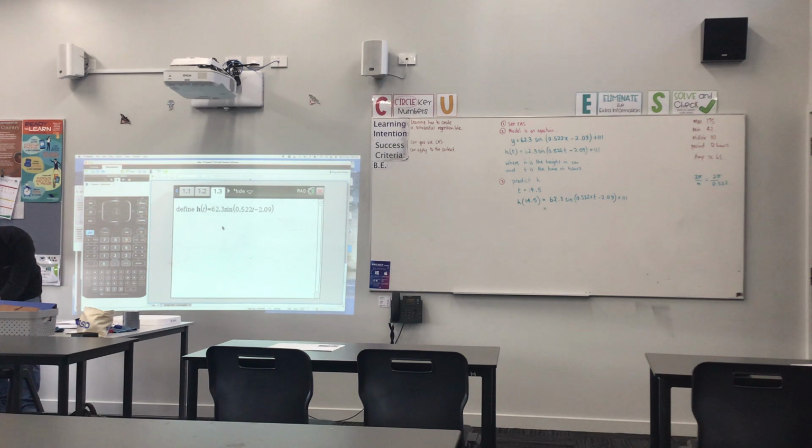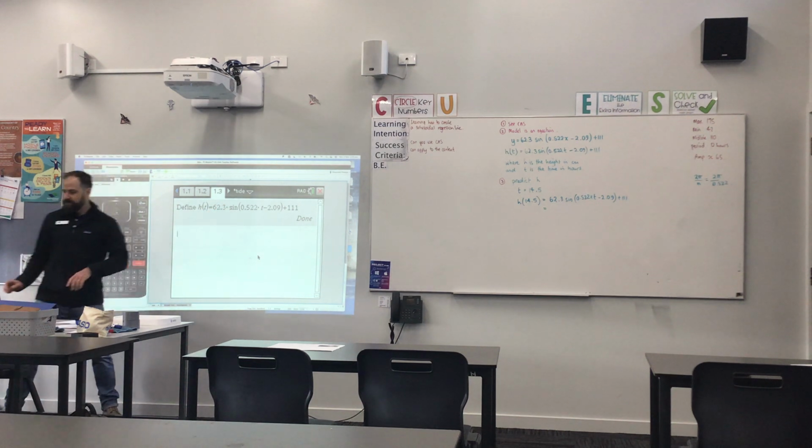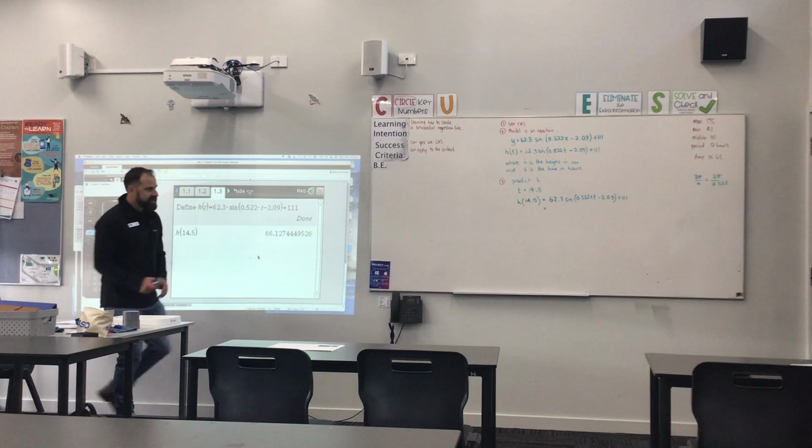Tell me if I said any numbers incorrectly. It just says done. So why on earth would I bother doing that? Because if I want to substitute into that equation, I can just go h of 14.5. And it does the substitution.